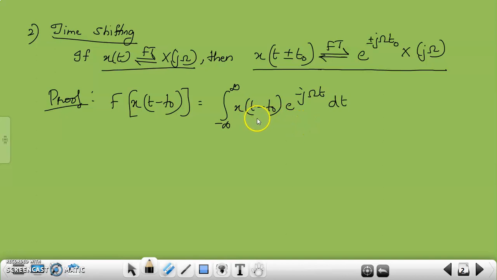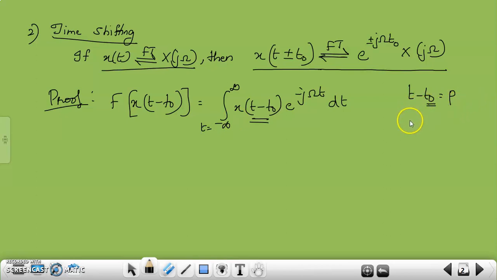Now you have to eliminate the term t minus t naught. For that, substitute t minus t naught equal to, say, p. Now you know that t naught is a constant indicating the shift, and t is the independent variable. So we are going to change the variable t to p by substituting t minus t naught equal to p.